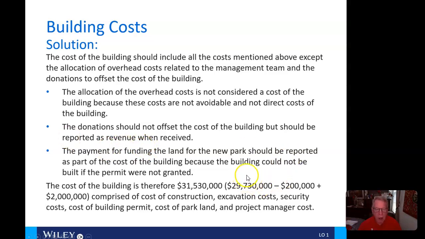That's the $29,730,000 less the $200,000 plus the $2 million of donations. And that comprised the cost of construction, excavation costs, security costs, cost of the building permit, the cost of the park land, and lastly, the project manager's cost.